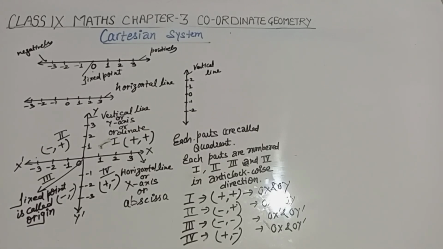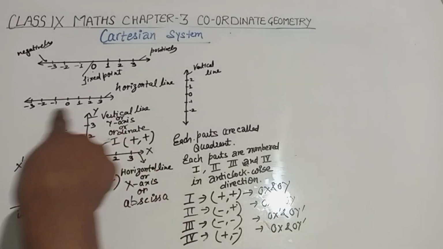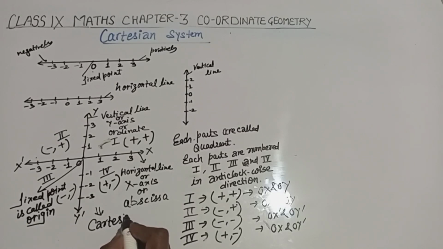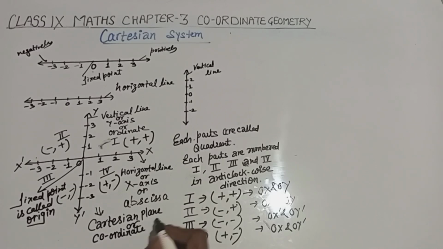So the xy plane is also called the Cartesian plane, Cartesian system, or coordinate plane.